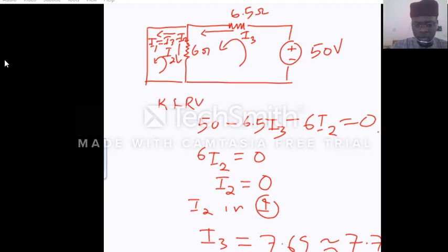Remember, I2 is 0. By substituting in equation 1, we're going to have I3 as 7.69. And since we defined I1 to be I3 minus I2, by substituting the values for I3 and I2, we arrive at I1, which is the same as I3.